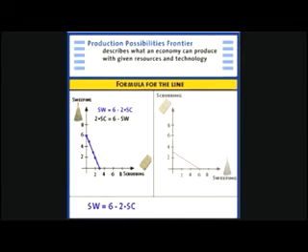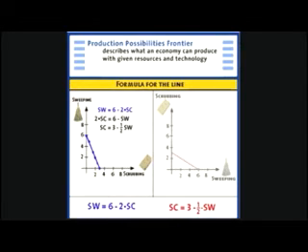Then let's divide both sides by 2, and I get scrubbing is equal to 3 minus 1/2 sweeping. There you have it. The production possibilities frontier can be written either way, in terms of sweeping or in terms of scrubbing. This is the vertical intercept, the maximum amount of scrubbing, and this, negative 1/2, is the opportunity cost.